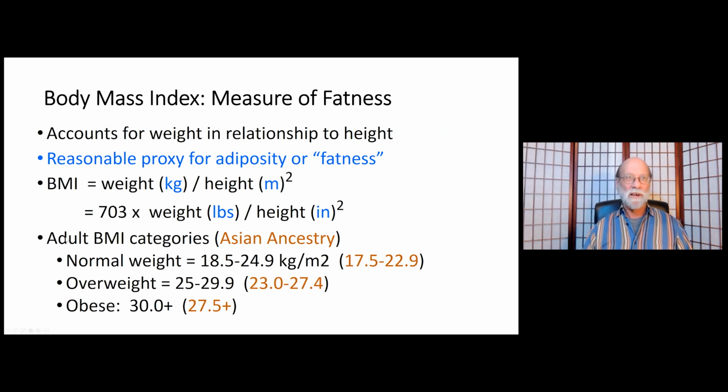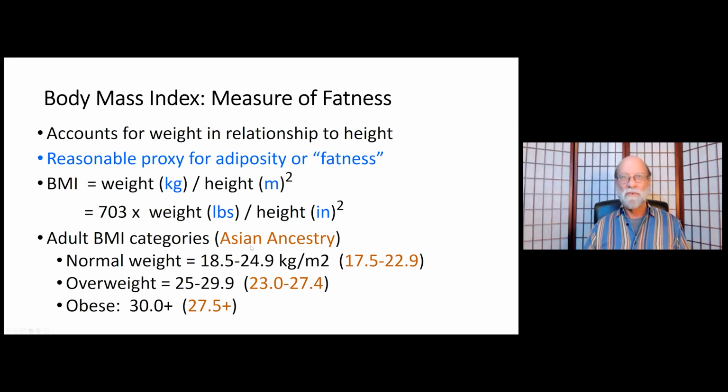And in terms of BMI, there are kind of two different sets of numbers for thinking about BMI. For people who are not of Asian ancestry, whether they're of African or European ancestry, we have one set of numbers. And you can see that as the numbers go up, we go from normal to overweight to obese.